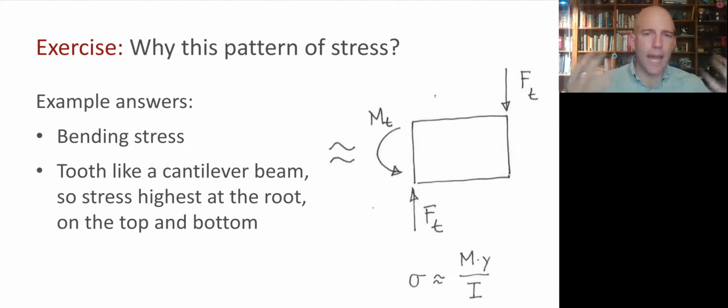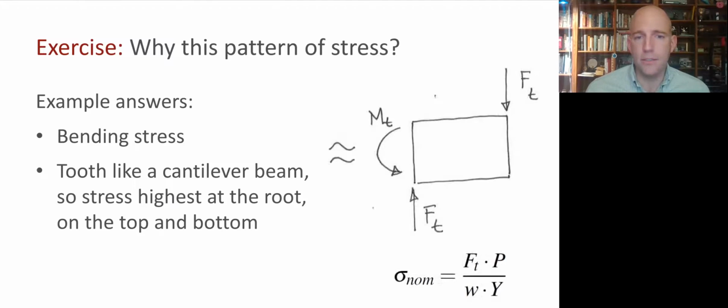In this classic cantilevered beam case, we would find that the stress pattern, as hopefully is second nature now, is My over I, with the peak stress happening at the top and bottom of the beam. Well, we have a really similar equation for the peak stress in the tooth of a gear.